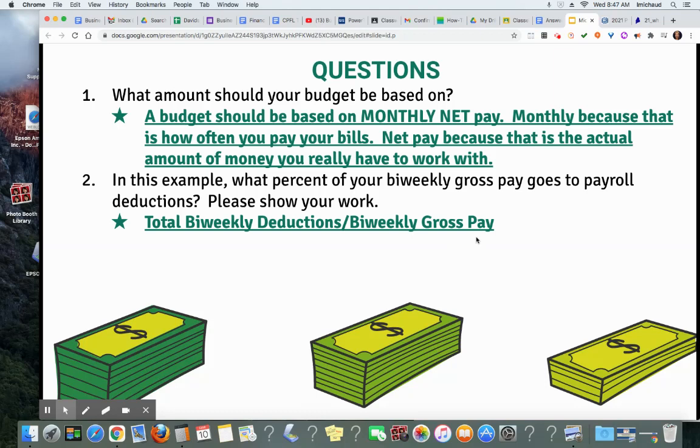Look at your chart, look at your handout. $464.72 divided by $1,615.38 comes out to 0.2876, which is 28.76%. Remember, I said that you could expect to lose between 23 and 30% of your income to your payroll deductions.